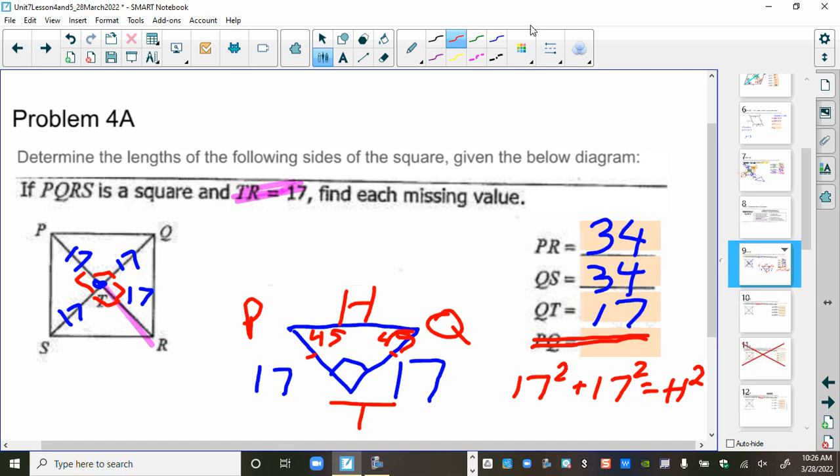Anybody remember? Square root of 3. Close. 2. Yeah, that's a 45, 45, 90. So that's 17 square root of 2. But you don't have to know it, but could you figure it out? You can. But I'm not going to go into it.